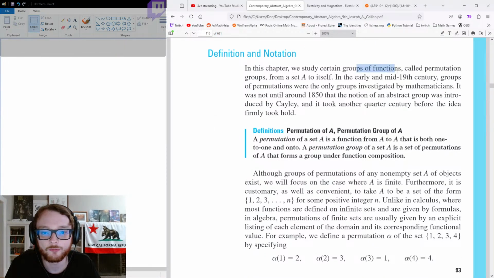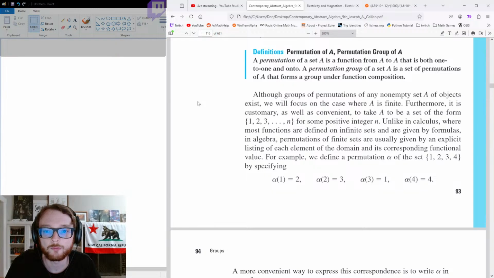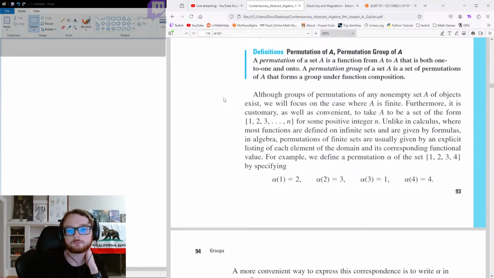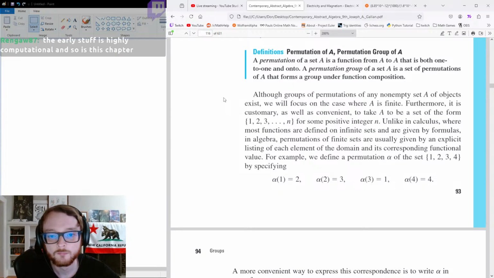Okay, groups of functions which map A to itself. Both one-to-one and onto. A permutation group of a set A is a set of permutations of A that forms a group under function composition. Okay. Focusing on A being finite.